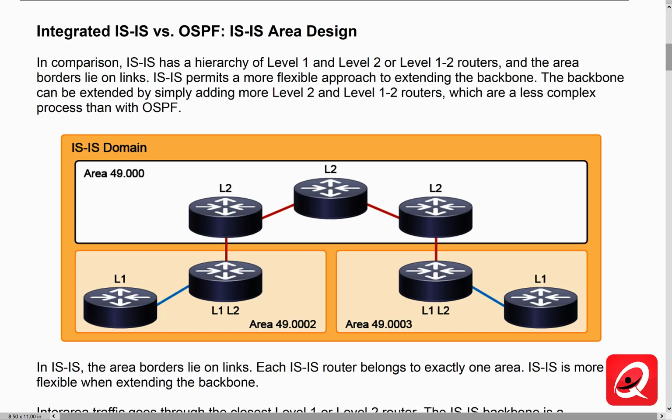All right. Now, if I were to look at this in comparison, ISIS, as we've already mentioned a couple of times, has a hierarchy of level 1 and level 2 routers, or level 1 - level 2 routers. And the area borders lie on the links themselves. Now, the routers become level 1 routers or level 2 routers or level 1, level 2 routers, but the backbone is extended by simply adding level 2 links to establish that level 2 adjacency.